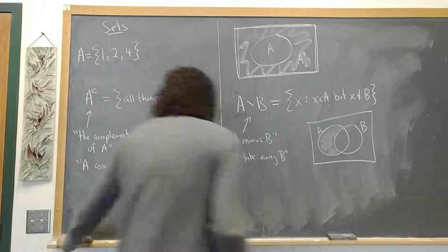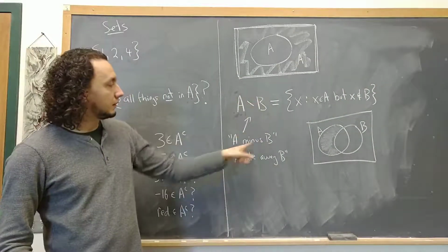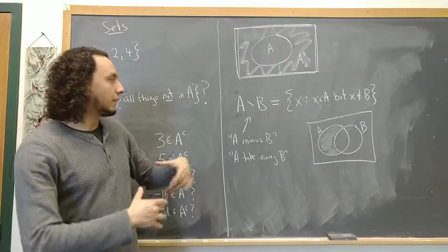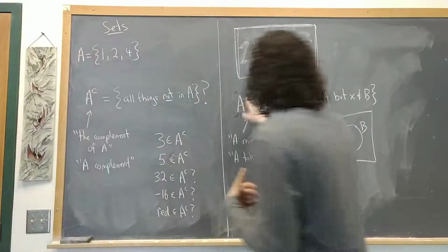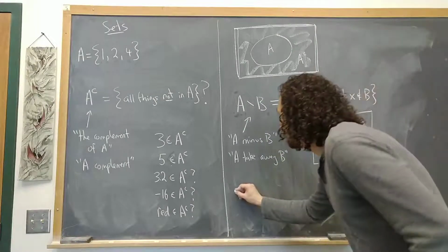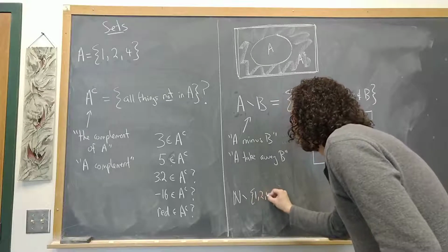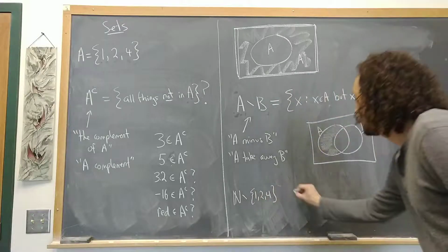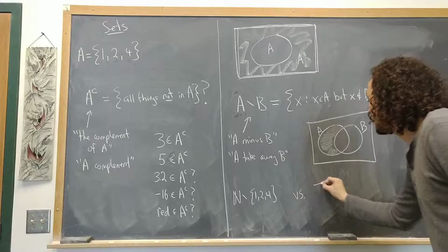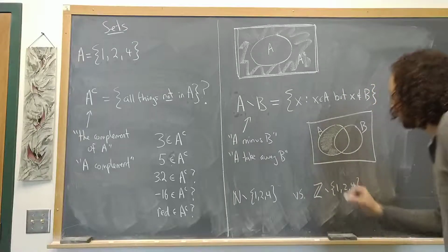And now we can understand complementation as being a kind of minus operation where the thing that you're taking away from is implicit in the background. So we can look at the natural numbers take away the set 1, 2, 4 versus, for example, the integers take away the set 1, 2, 4.